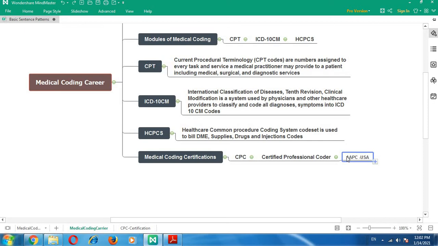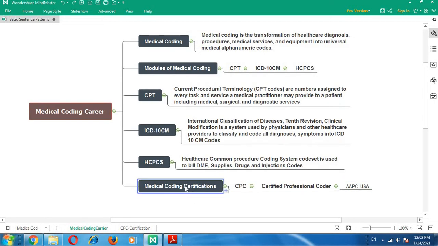This is the agency that conducts the certification exam across the globe, and this certification is valid across the globe. So once you get this certification, there will be huge career opportunities in the medical coding field. So let's understand what exactly this CPC certification is and what the different modules under it are.